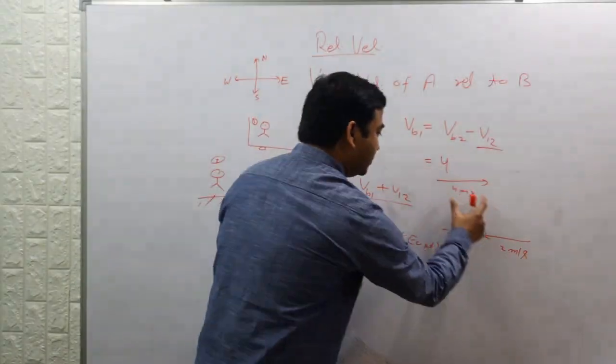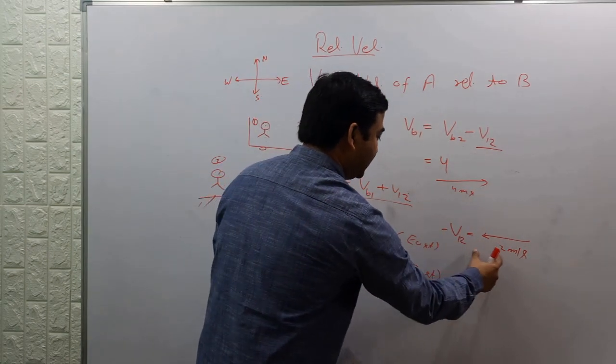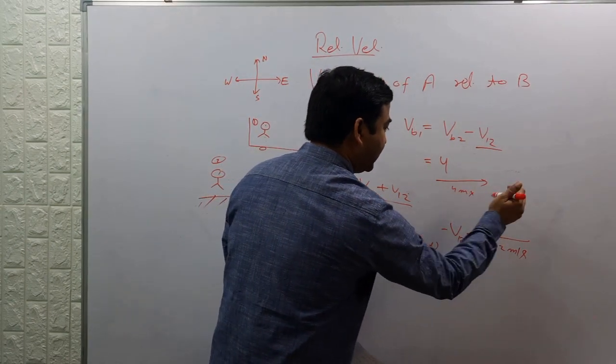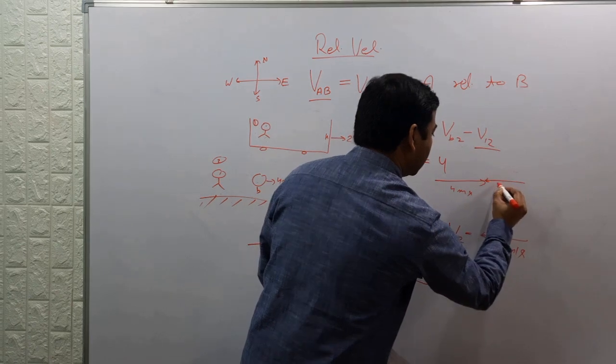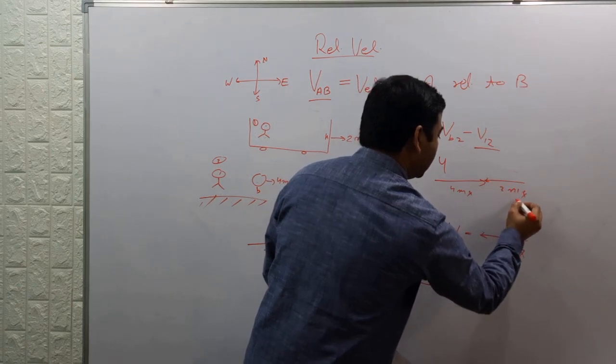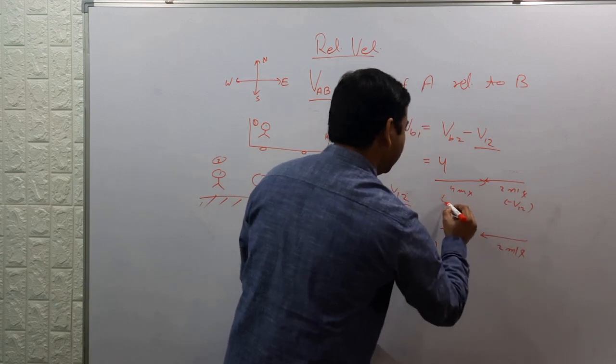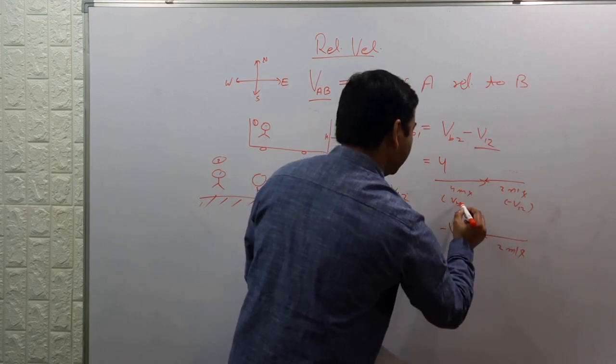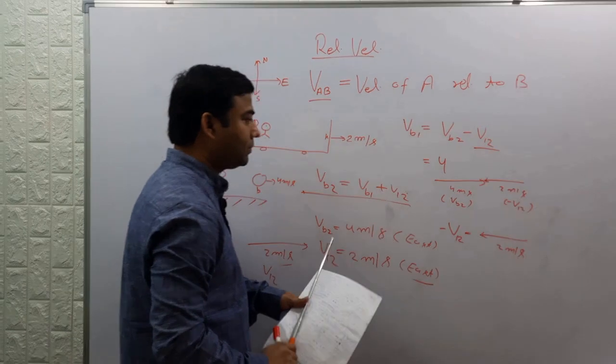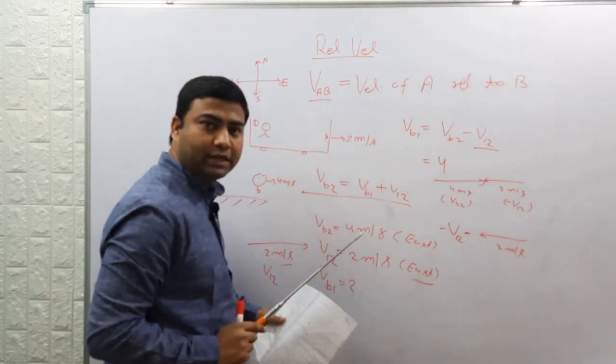Now we have to add both these vectors. So just add them. 4 meter per second, and 2 meter per second. This is minus V12 and this is VB2. Both vectors are in opposite directions.